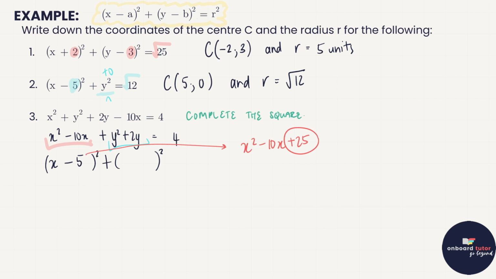And so because we've got an equation here, we can just maintain the principle that if I add it to the one side, I have to add it to the other side. Okay, now we're going to do the same thing with y. So y times y is y squared plus half of the coefficient of b, so half of 2, which is 1.